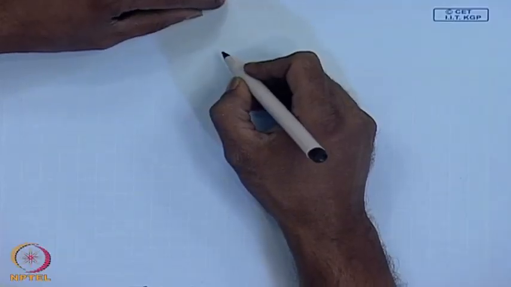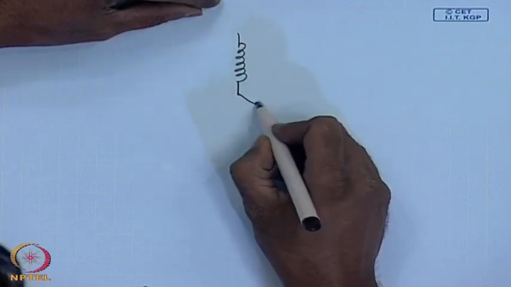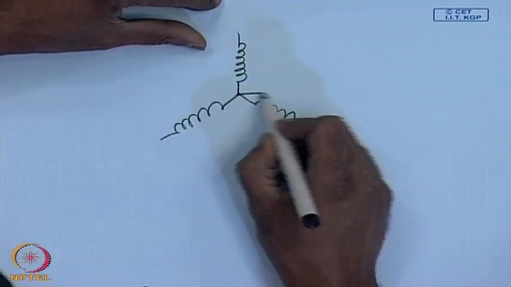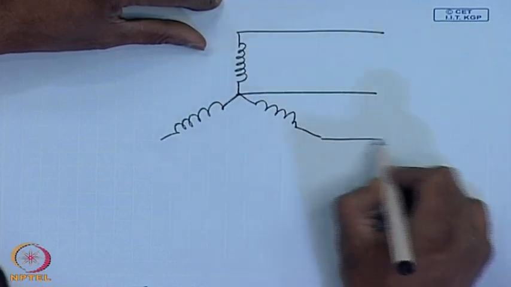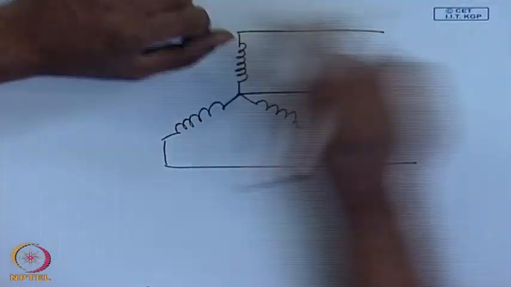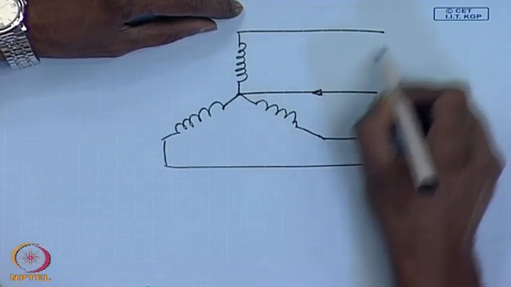Now, if you have to supply loads which are unbalanced, then it is better to have a star connected side with the neutral made available, so that the unbalanced current can flow through the neutral.